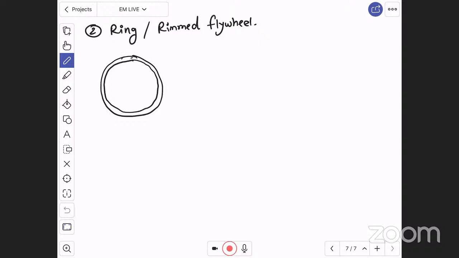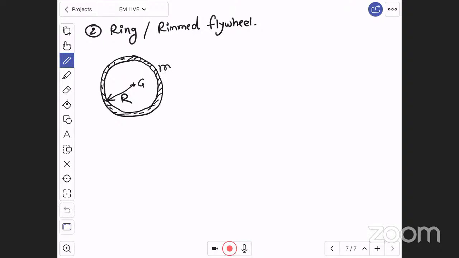This is the mass, and let us say this is the G point, the centroid of this ring, and the radius of this ring is R, and the mass of the ring is M.